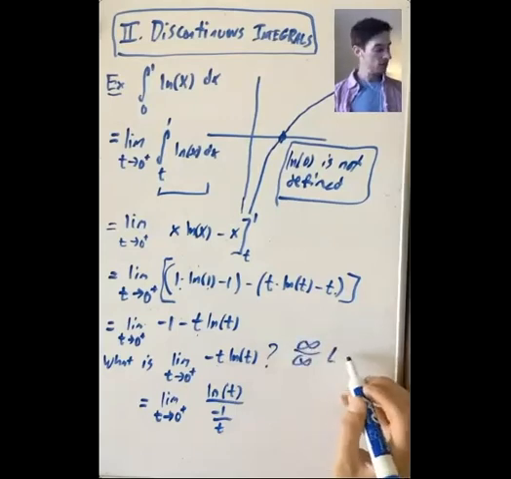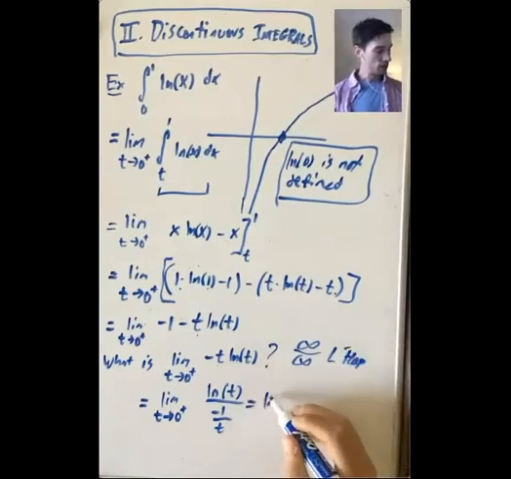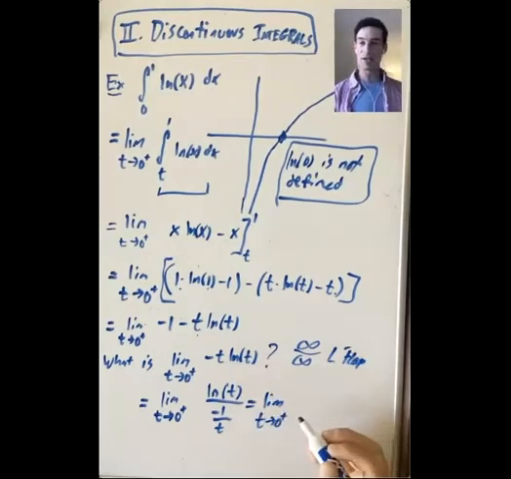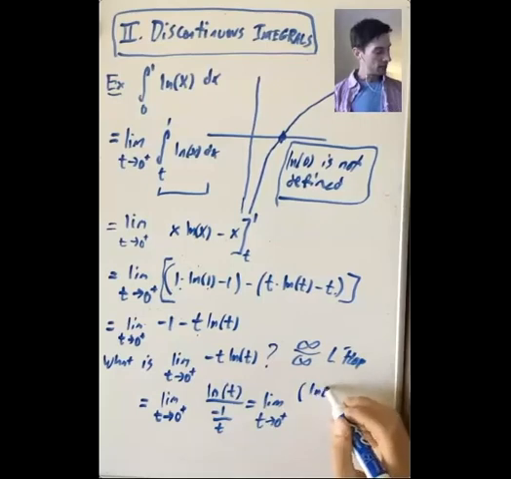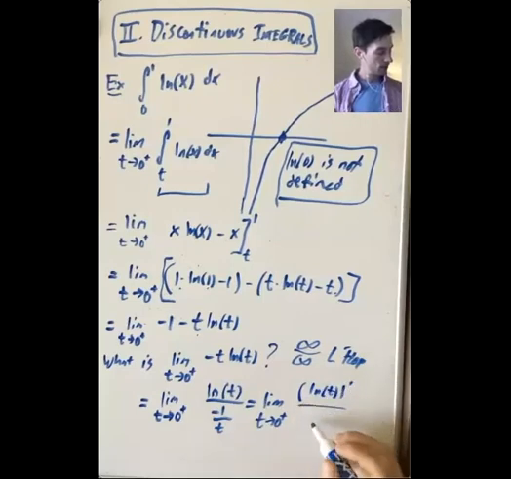So the thing to do is apply L'Hopital. L'Hopital's rule says that this is the limit as t goes to 0 from the plus direction of the ratio of their derivatives. So we'll take the derivative of ln of t over the derivative of minus t to the -1.